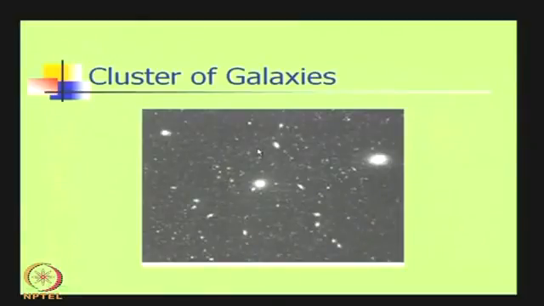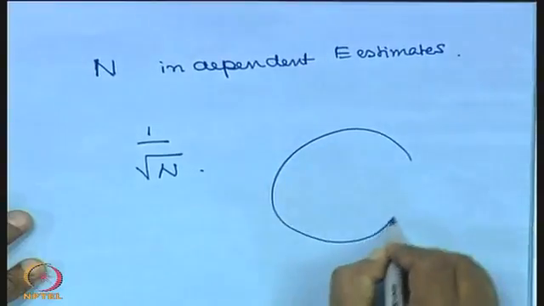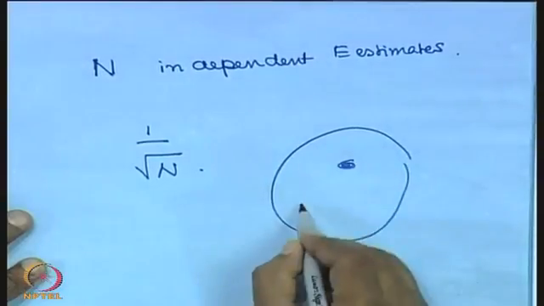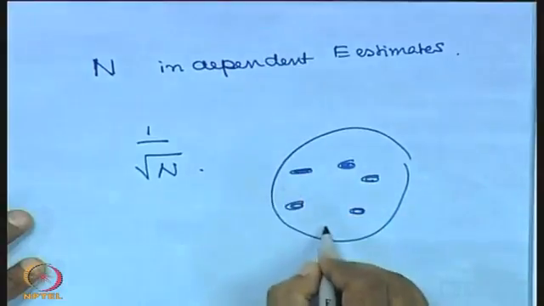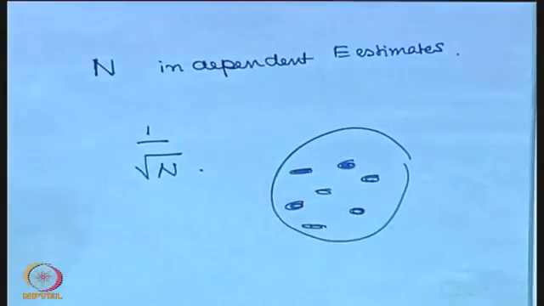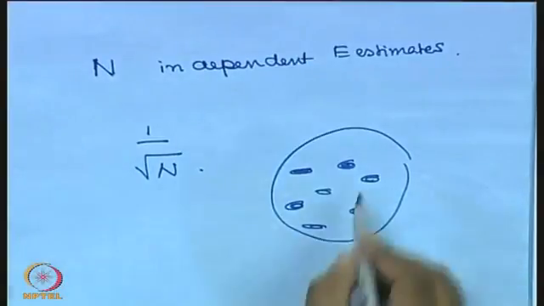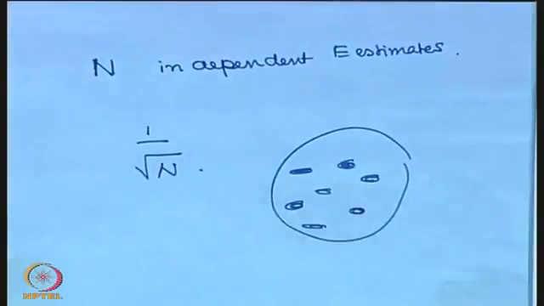Okay, so, the way we imagine a cluster is a collection of galaxies which are bound. Okay, so, these galaxies are in virial equilibrium more or less. Okay, they form a bound structure.